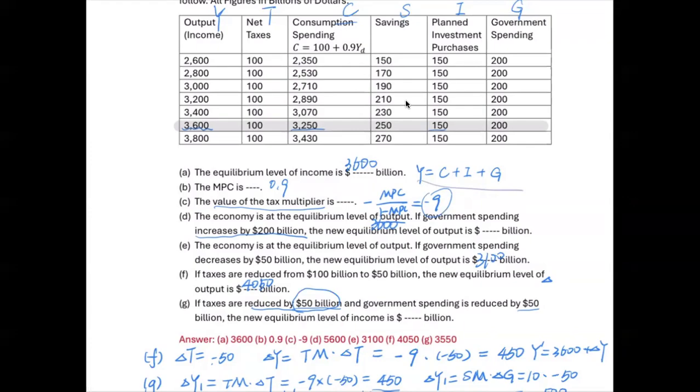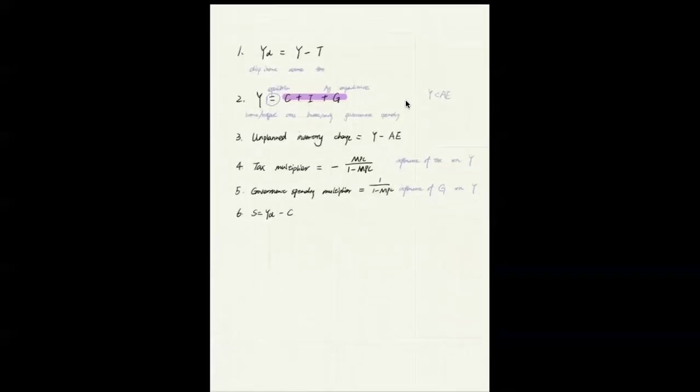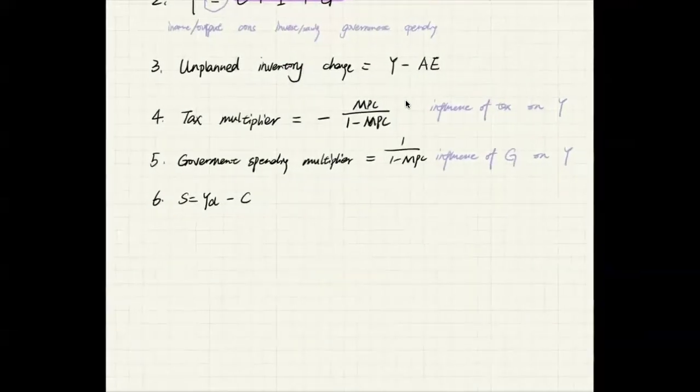Remember the meaning of the government multiplier. It's the influence of G on the equilibrium Y, right? So now G increased by 200 billion. Then what's the equilibrium Y change? We need to get the government spending multiplier first. When you substitute the MPC here, you will know the government spending multiplier is 10.